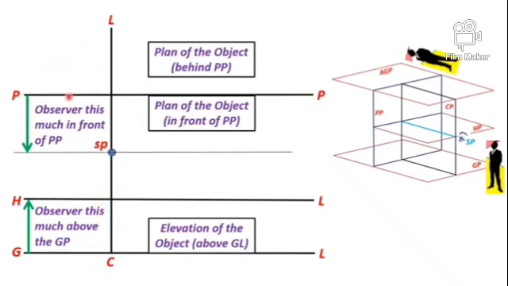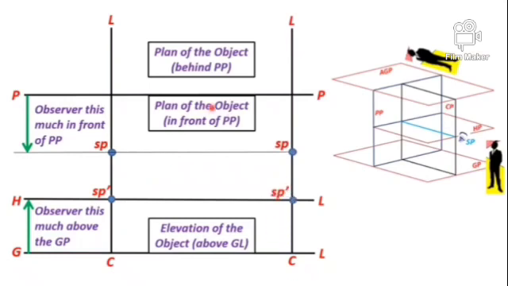Now to locate the top view of the station point, just mark the distance of the observer from the PP line, the distance of the observer in front of the PP. And to locate the station point's front view, this is the point, because the horizon plane is passing through the station point. So the meeting point of central line and horizon line will give you the station point's front view.